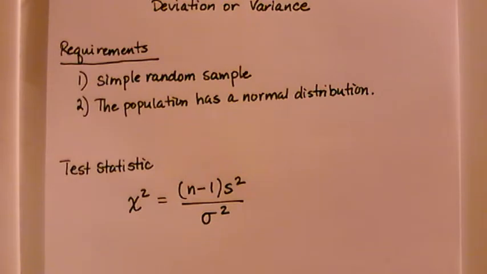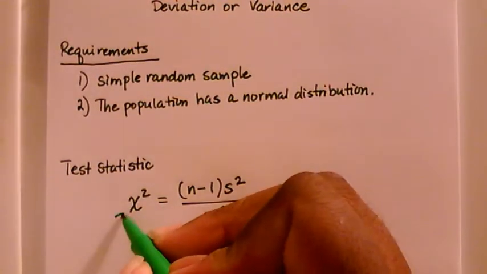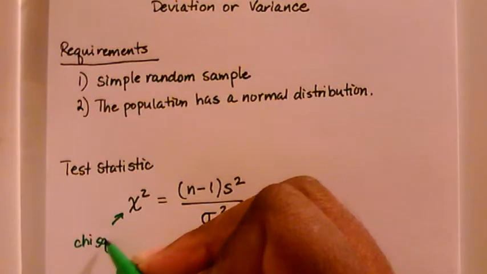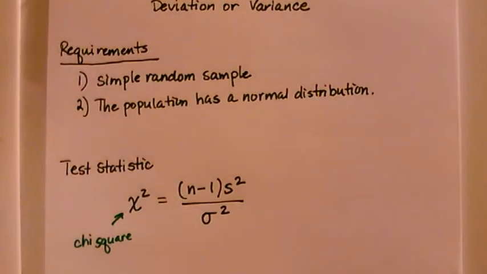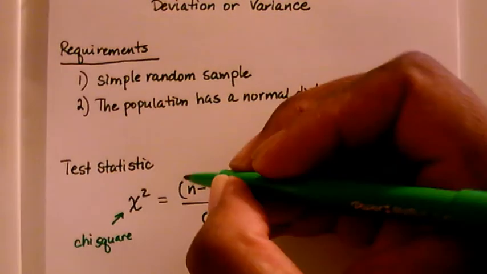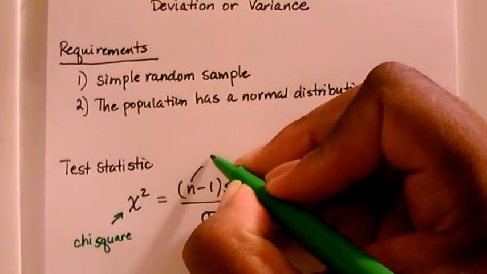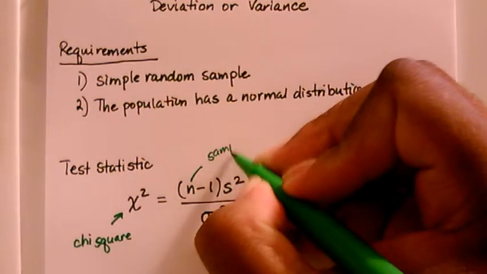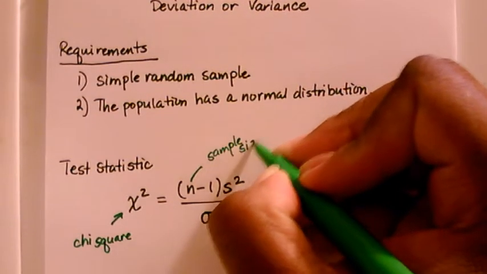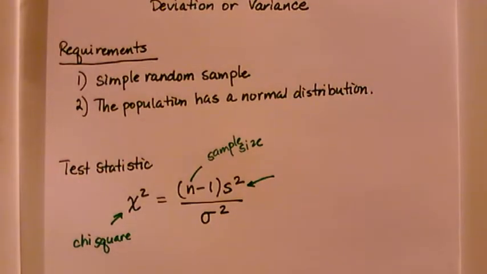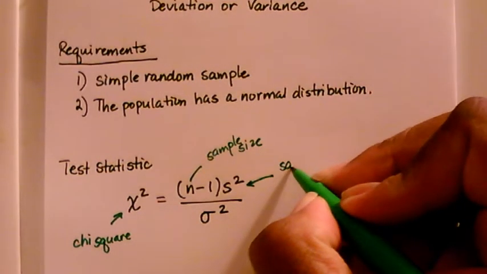And let me explain what these variables mean. Now, as I stated earlier, this symbol right here, that's your chi, so this will be chi square. And then your n, that's your sample size. The s squared, that's called your sample variance.